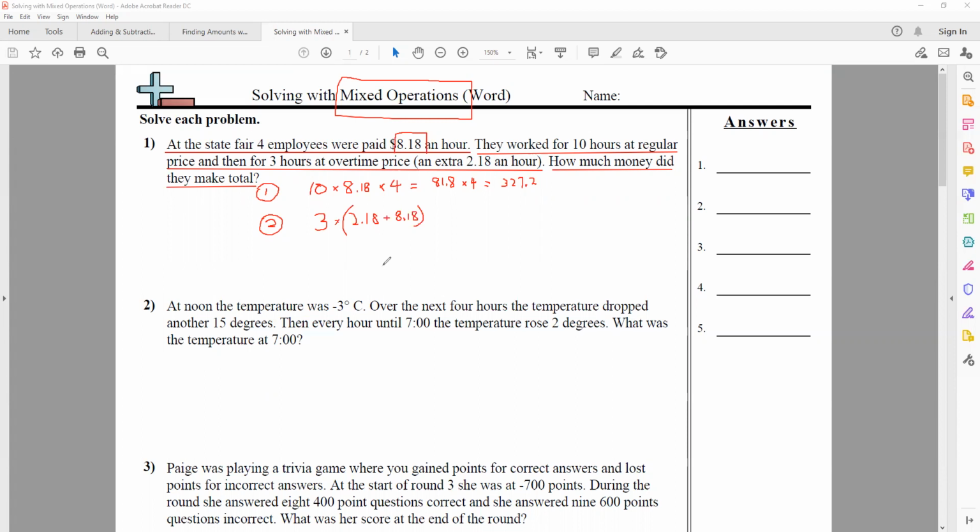Are you breathing heavy? So what is that? 10 point something. Tell me. Hello? Okay, I can't hear you. Your mic is shut off or something. What? Okay, so what's 2.18 plus 8.18? 2.18 times 8.18?